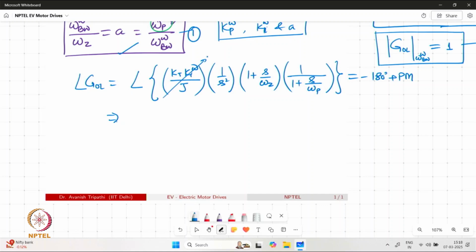So the constant term is not going to contribute anything on the phase side, and the double pole is going to have a phase of minus 180 degree, whereas the zero will have a phase of plus tan inverse of omega by omega z, whereas the pole will have minus tan inverse of omega by omega p.